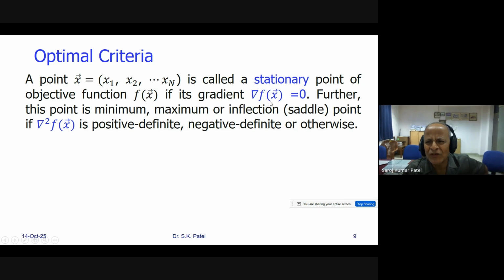First we solve the first derivative, the gradient equal to 0, and then we will declare whether it is a minimum, maximum or point of inflection based on the Hessian matrix, whether it is positive definite or negative definite or otherwise. In the language of the multivariable problem, we call it positive definite, and negative definite for the negative case.